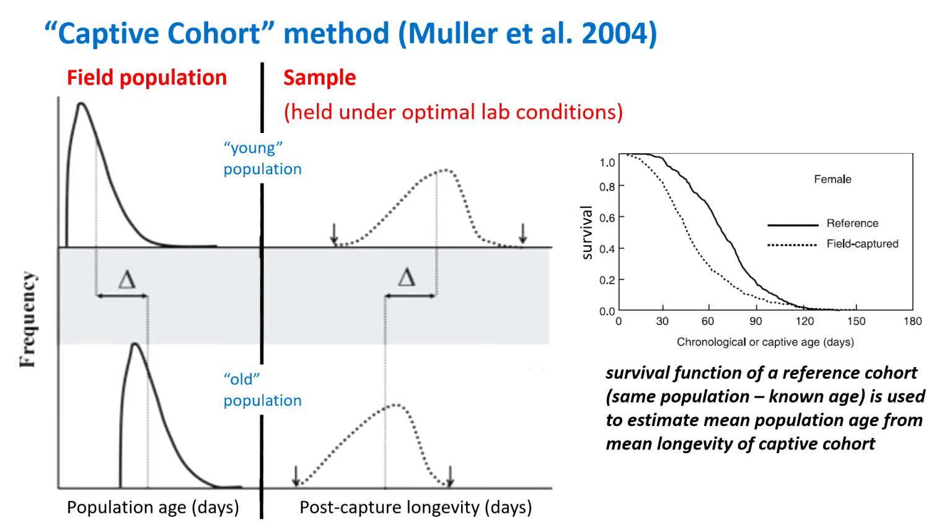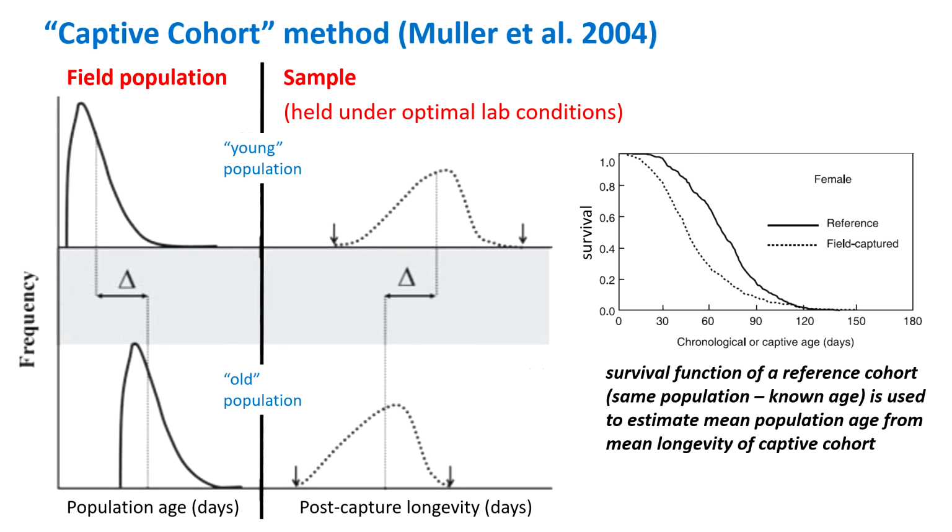And this just shows the main assumption of the captive cohort method: if you take a sample and measure the length of time individuals in that sample live and take the mean age at survival, this should have an inverse and proportional relationship to the average age of the individuals in the population.